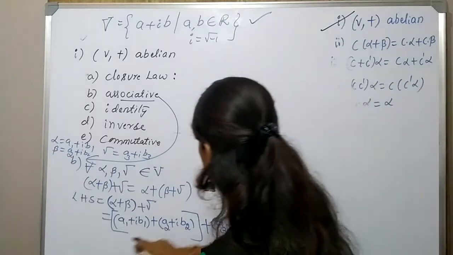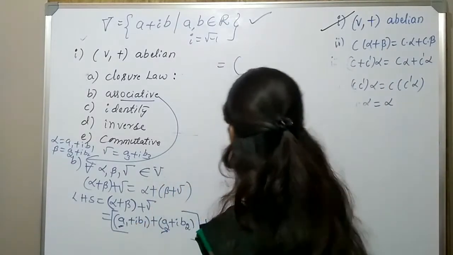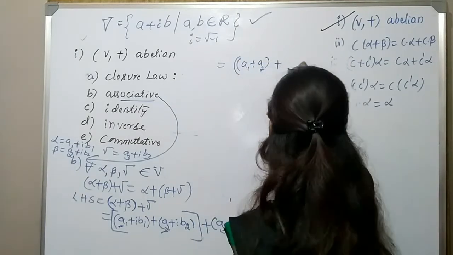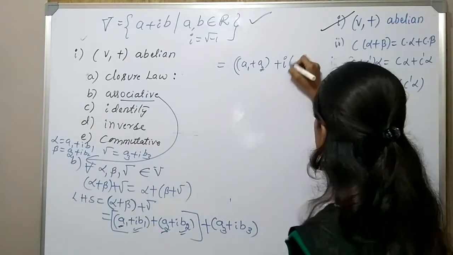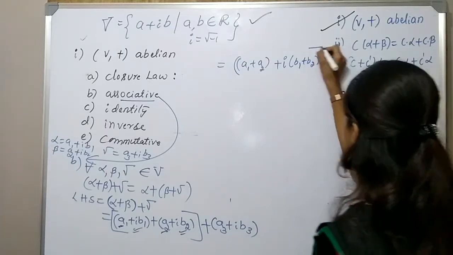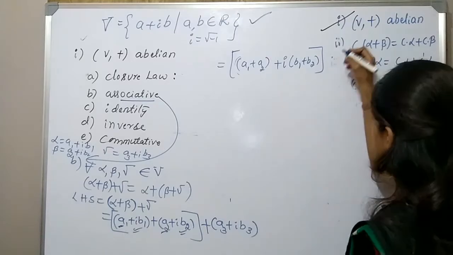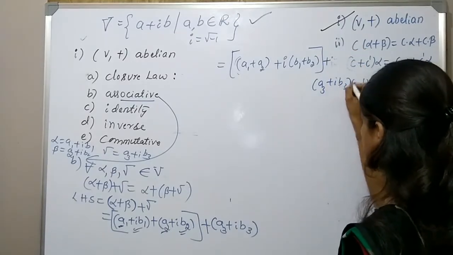So first, this is equal to the real part A1 plus A2, plus i is common, then the imaginary part B1 plus B2. Now this is in the bracket, plus here I am writing A3 plus i into B3.